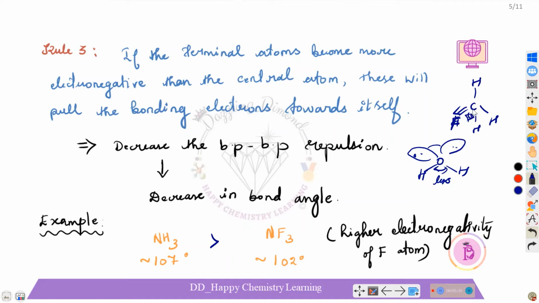As the electron is pulled towards fluorine, it moves towards this and comes closer to the central atom, hence the angle between the fluorine and fluorine will be less.